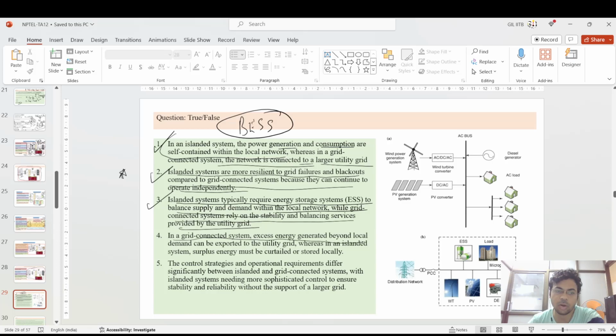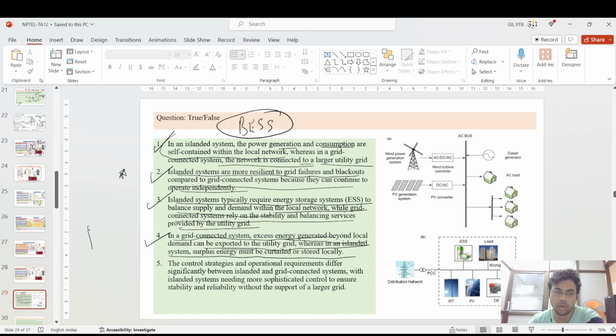In the fourth statement, in a grid connected system, excess energy generated beyond local demand can be exported to the utility grid, whereas in the islanded system, surplus energy must be curtailed or stored locally. That is true. When it is a grid connected system, the excess energy will be sent to the grid.